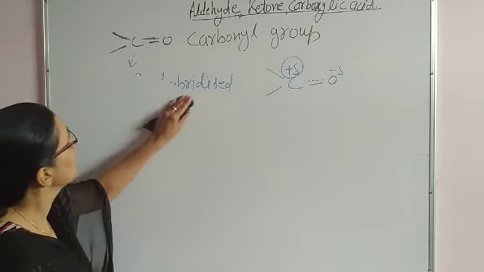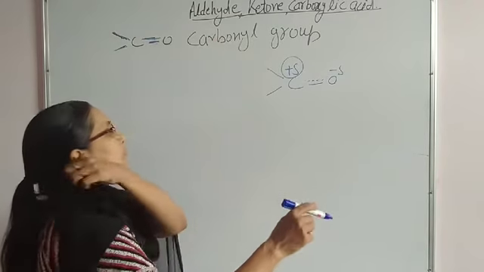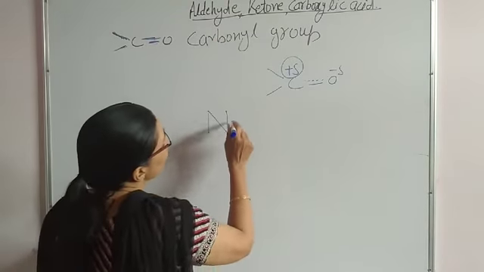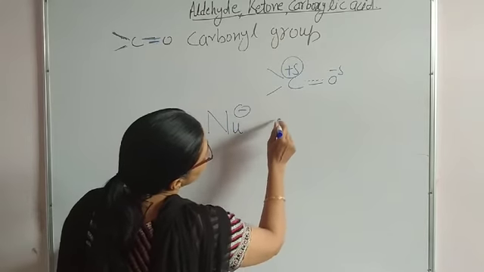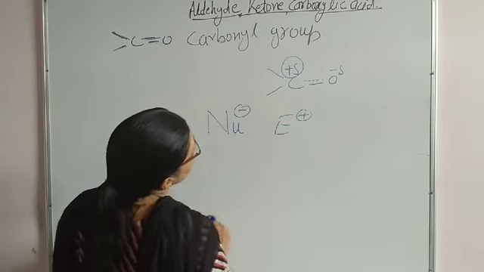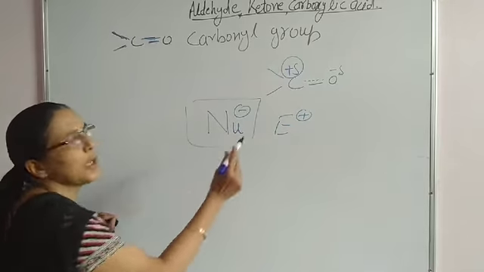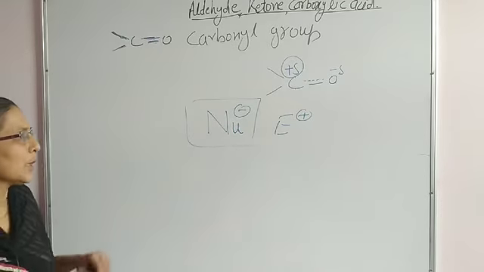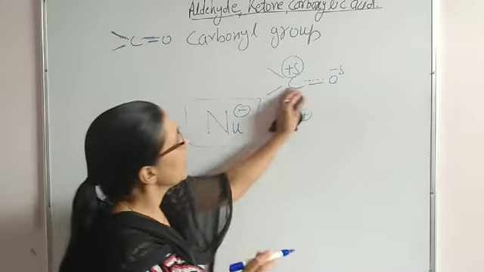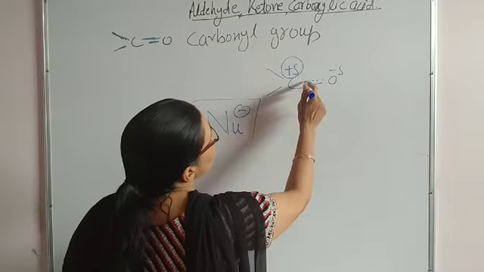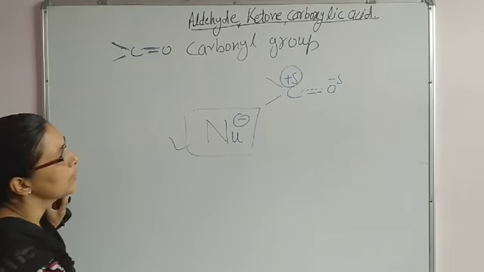As it is positive charge, out of nucleophile and electrophile, which can attack? The clear answer is that nucleophile will attack, and this double bond will break down into two single bonds.